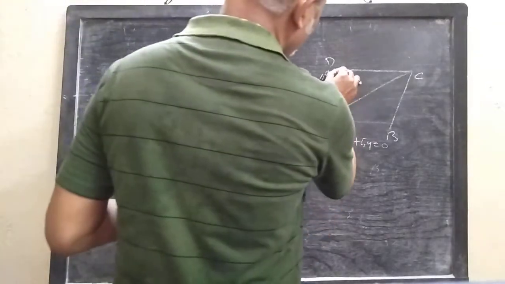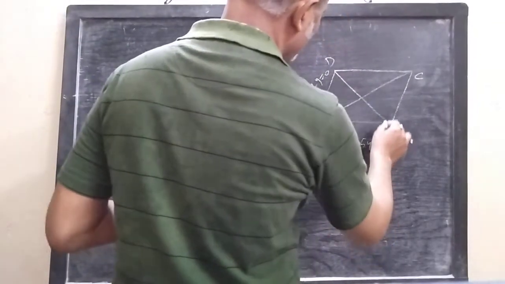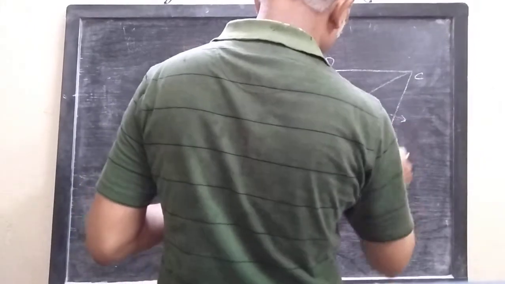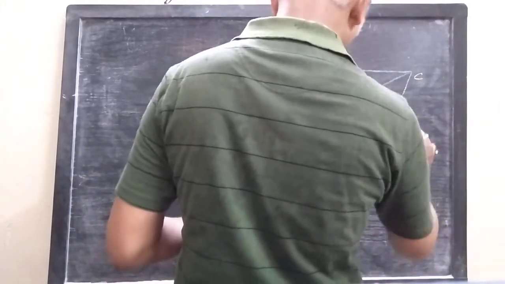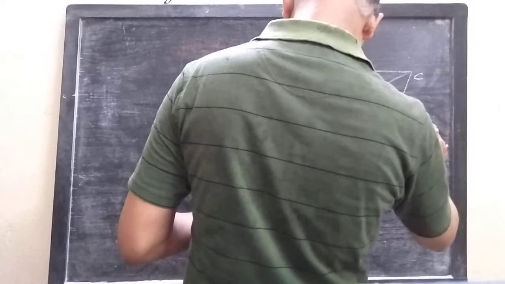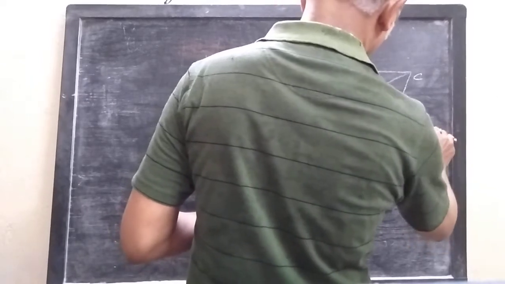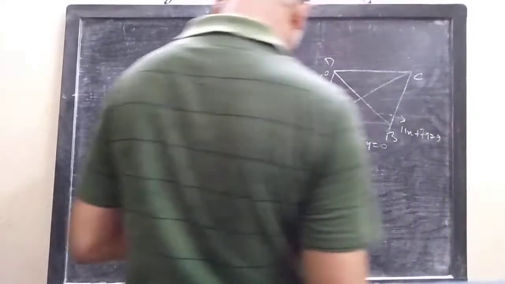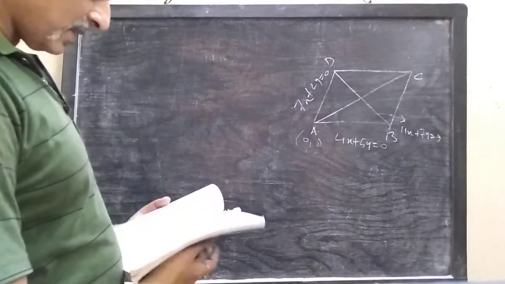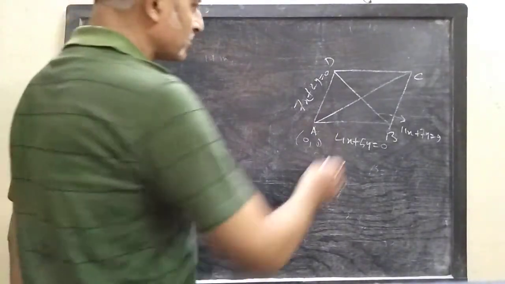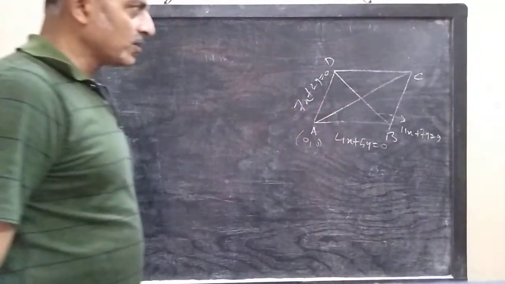So obviously this is the equation of the diagonal BD. Equation of diagonal BD is given to be 11x plus 7y equals 9. Find the equation of the other diagonal. That is, you are asked to find the equation of the diagonal AC.